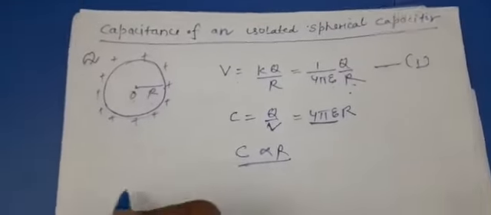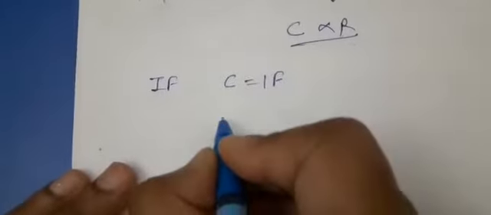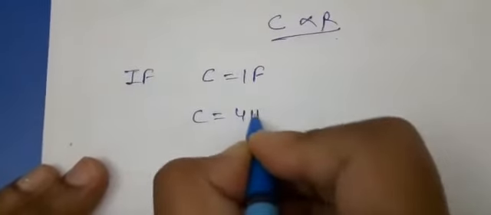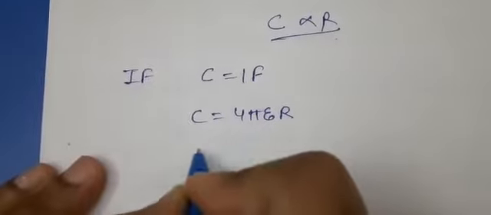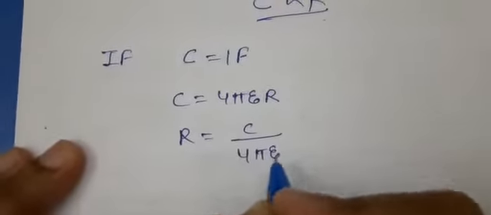So let me take the capacitance to be 1 farad. Its capacitance is given by 4 pi epsilon naught R. So what will be the radius in that particular case? R is C by 4 pi epsilon naught.